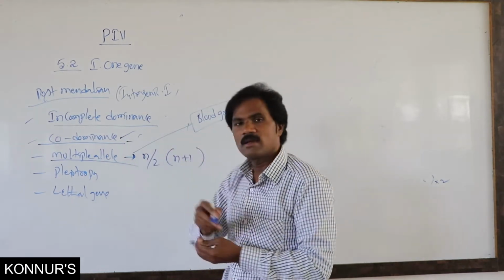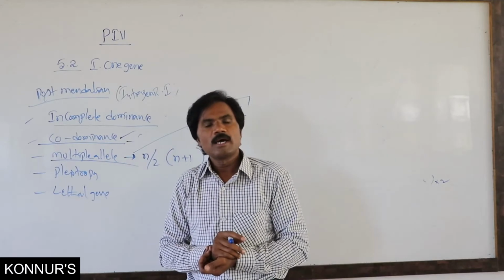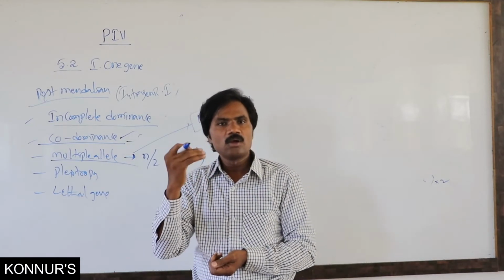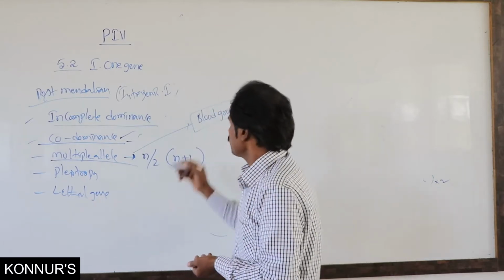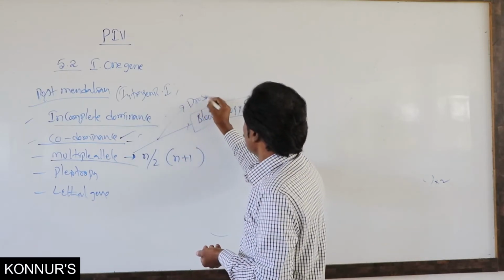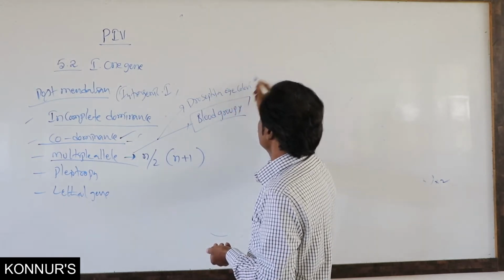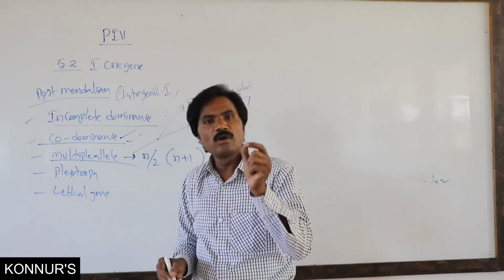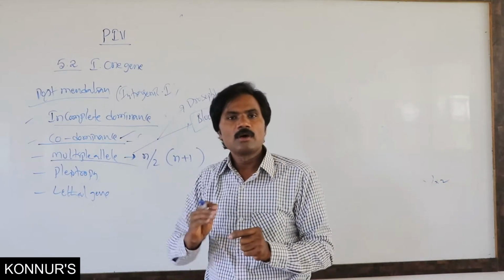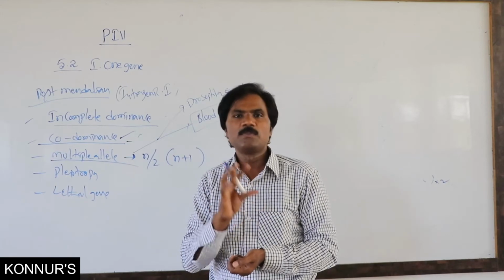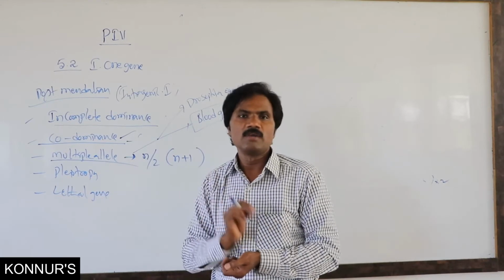Multiple alleles, blood groups, as well as different colors of eye color in Drosophila. In Drosophila eye color, there is only one gene, W, the wild gene, and because of mutants, multiple colors of the eye will be present.